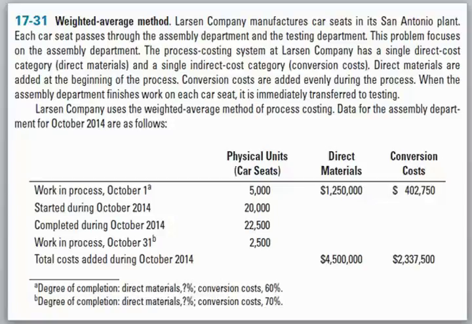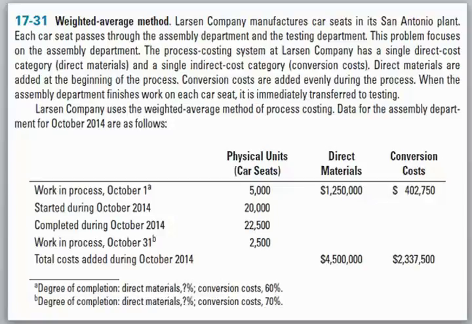Exercise 17-31, weighted average method. Larsen Company manufactures car seats in its San Antonio plant. Each car seat passes through the assembly department and the testing department. This problem focuses on the assembly department.